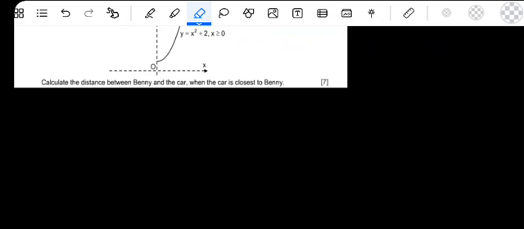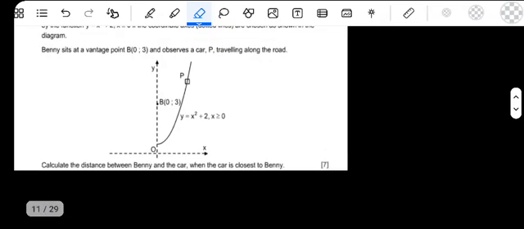Obviously, once you see those words, you are supposed to take some derivative somewhere, somehow. So that is what we are given.